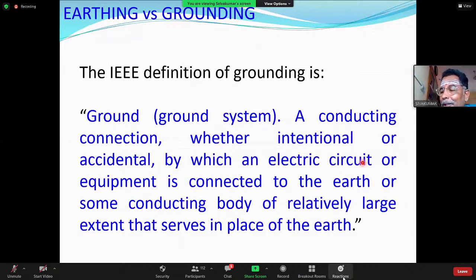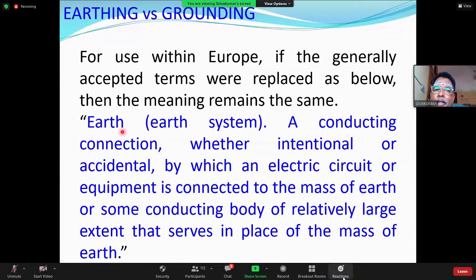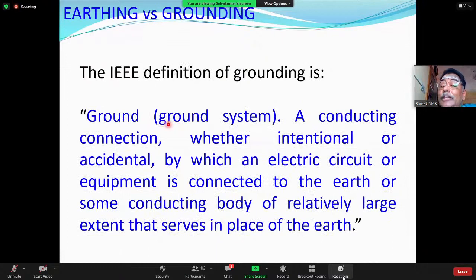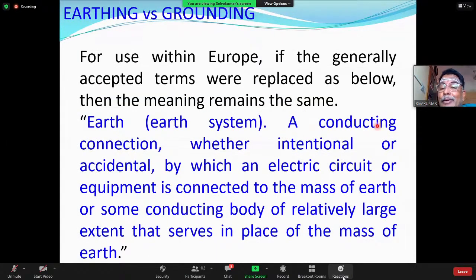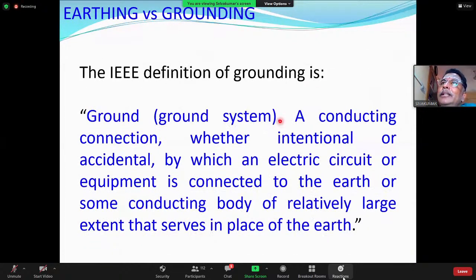Find ground and replace with earth. The IEC definition automatically fits in: earth or earth system, where in the IEEE definition it was ground or ground system. If you replace ground with earth, the paragraph is the same. Whatever appears in IEEE is verbatim reproduced in IEC, except the term earth in place of ground.